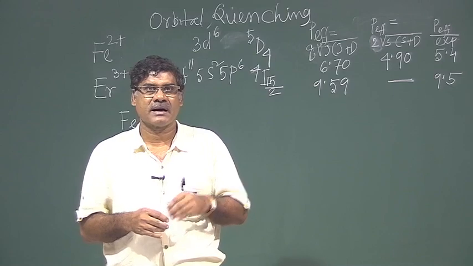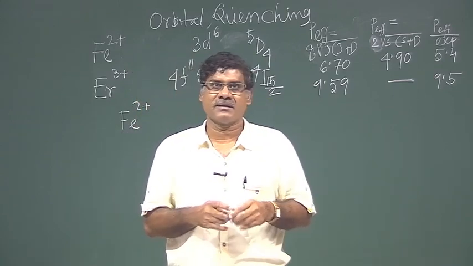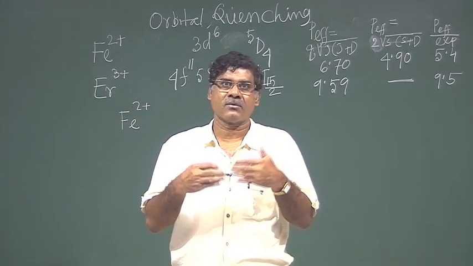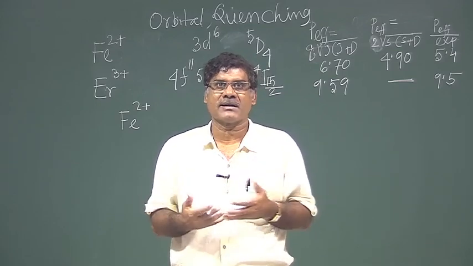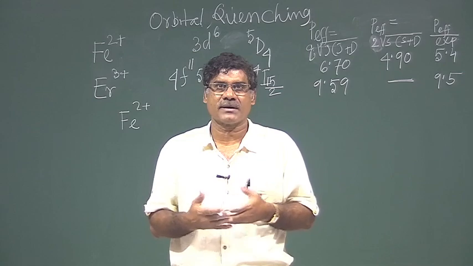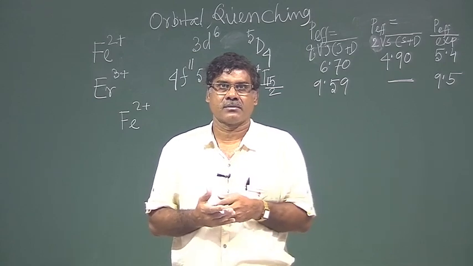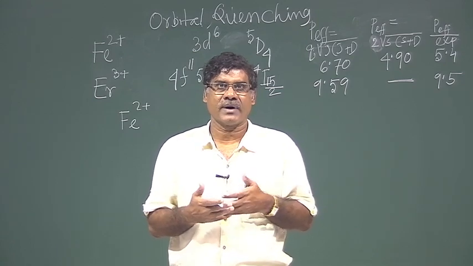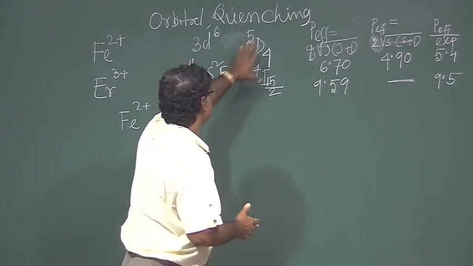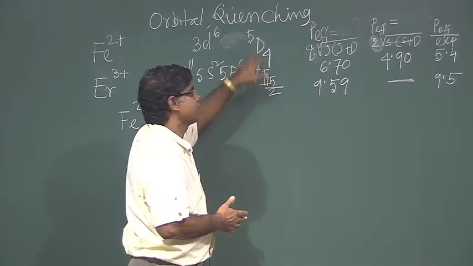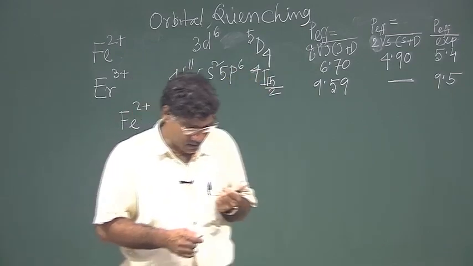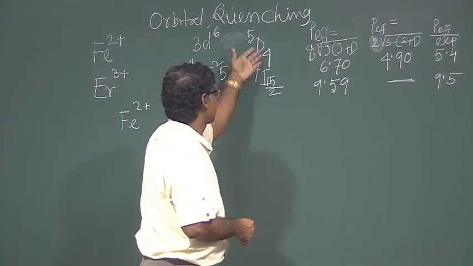That means there are different states, different energy levels, and that atom can stay in any of them. But the lowest energy state is called the ground state. Okay, so that we have to find out.